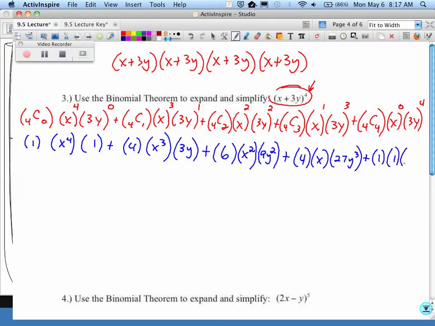One times x to the 4th times 1 is simply x to the 4th. 4 times 1 times 3 is 12x cubed y. 6 times 9 times 1 would be 54x squared y squared. 4 times 27, 108.